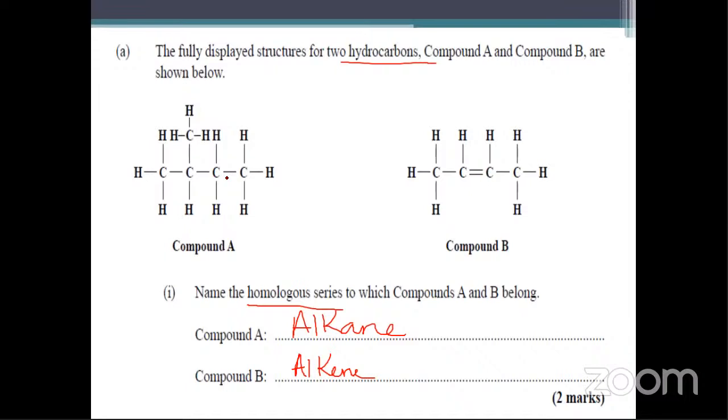Would it be 2-methylbutane? Very good. 2-methylbutane, right? So you number them, and the methyl group is on the second carbon, which is the lowest one, and the longest chain is butane.